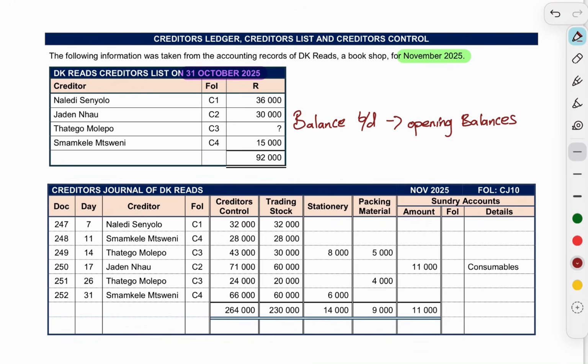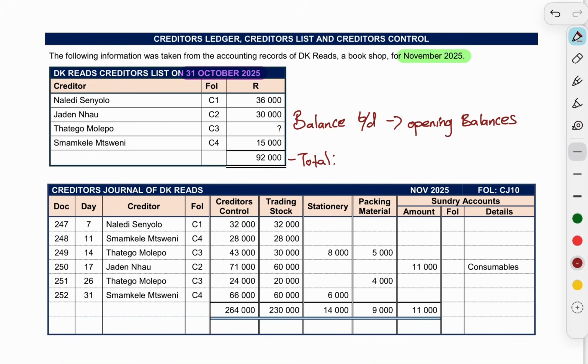Okay, so we are given the balance of 4 creditors: creditor number 1, creditor number 2, creditor number 4, but there is no balance for creditor number 3. How do we get this balance for creditor number 3? It's that easy, because you are given the total of all the creditors for the month of October or the beginning of November. What does this total mean?